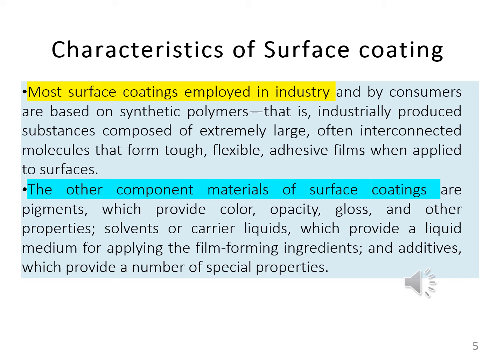What is the function of solvents or carrier liquids? Their function is to provide a liquid medium for applying the film forming ingredients. Some additives are also added in the surface coating. And what is the function of additives in the surface coating? The additives provide a number of special properties to the surface coatings.